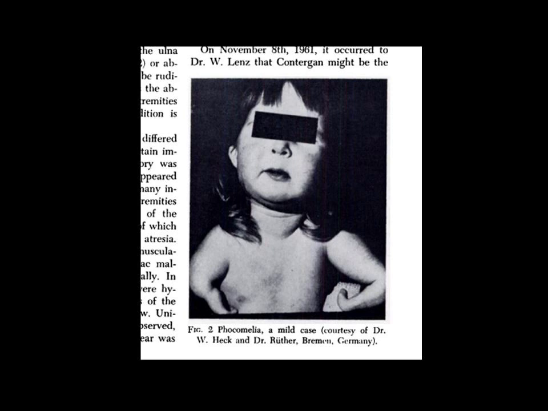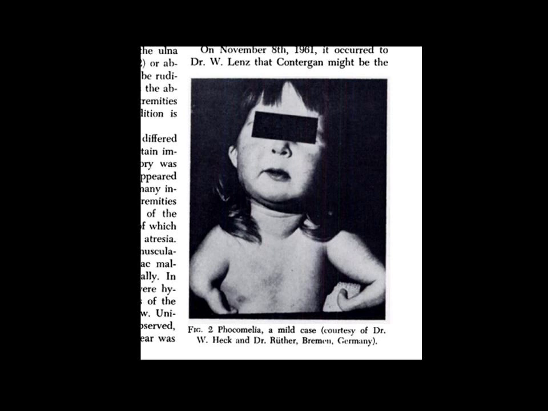Thalidomide is a compound which was used in pregnant women in the 1950s and 60s, and it caused a severe birth defect, which is called phocomelia. As you can see here, the arms and legs of the infant did not develop in utero. Actually, the chemical responsible for this effect is one of the stereoisomers of thalidomide, and the other isomer is quite harmless.